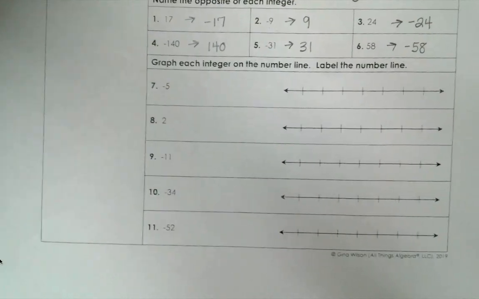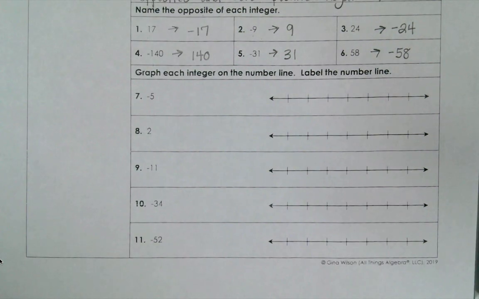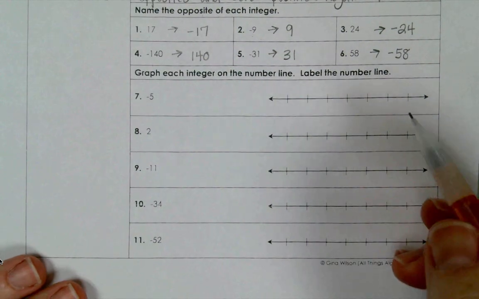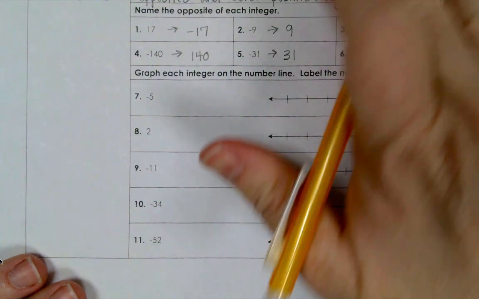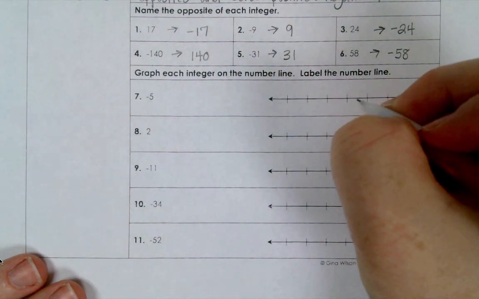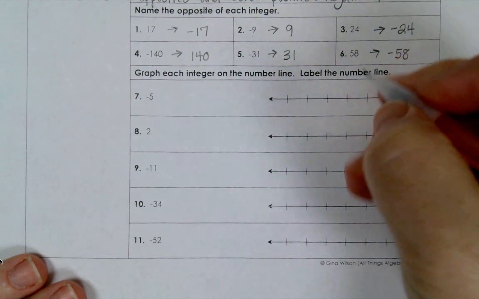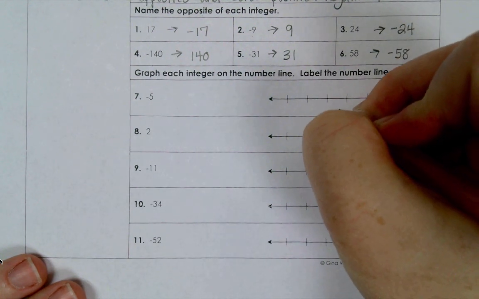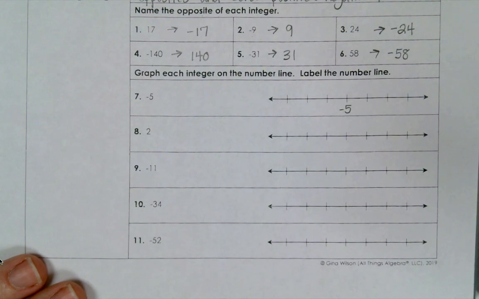Now, we're going to graph each integer on the number line, and then we're going to label the number line. Okay, so graph it first. Just like our example at the top, I always like to place the integer I'm graphing in the middle of my number line. So I'm going to write -5, okay? Now, this is the tricky part.